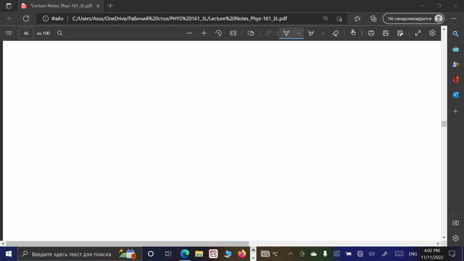So when we deal with heat pumps, we need to specify how we use this heat pump. Either we cool cold reservoir or we heat up hot reservoir, because depending on the conditions of application, we need to calculate the COP, coefficient of performance, differently.